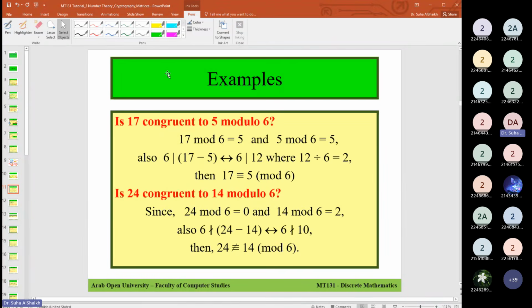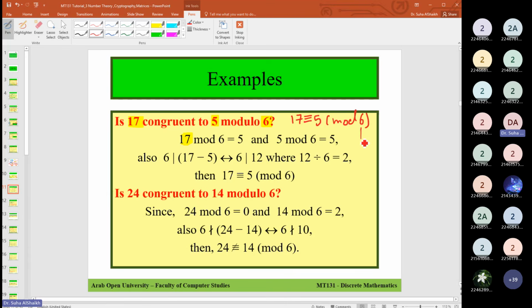Now here we have two examples. We have 17 is congruent to 5 modulo 6. We write it like this: 17 is congruent to 5 mod 6.